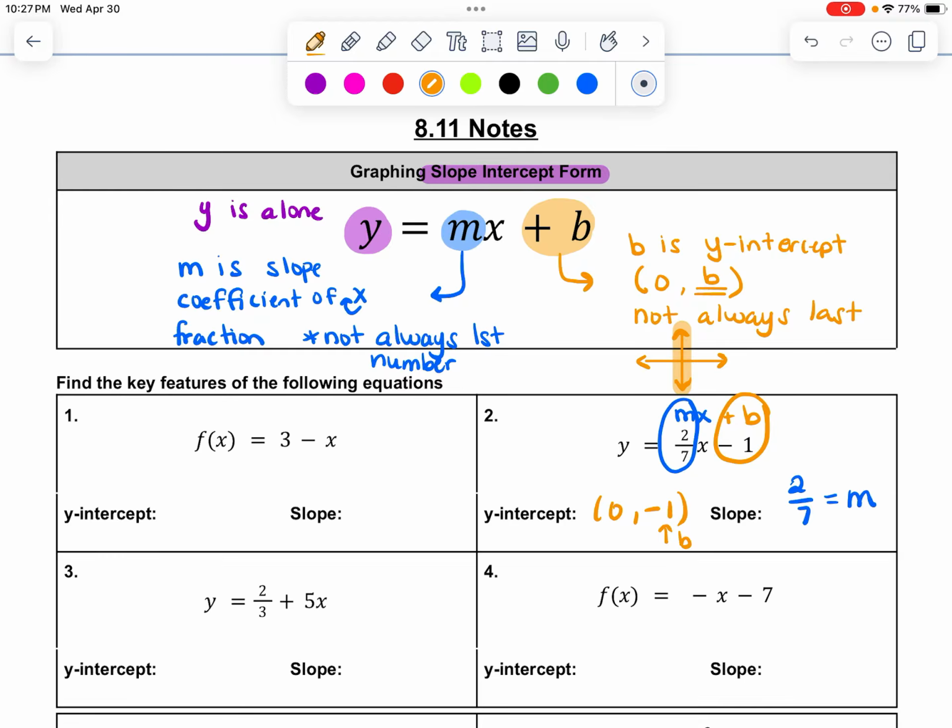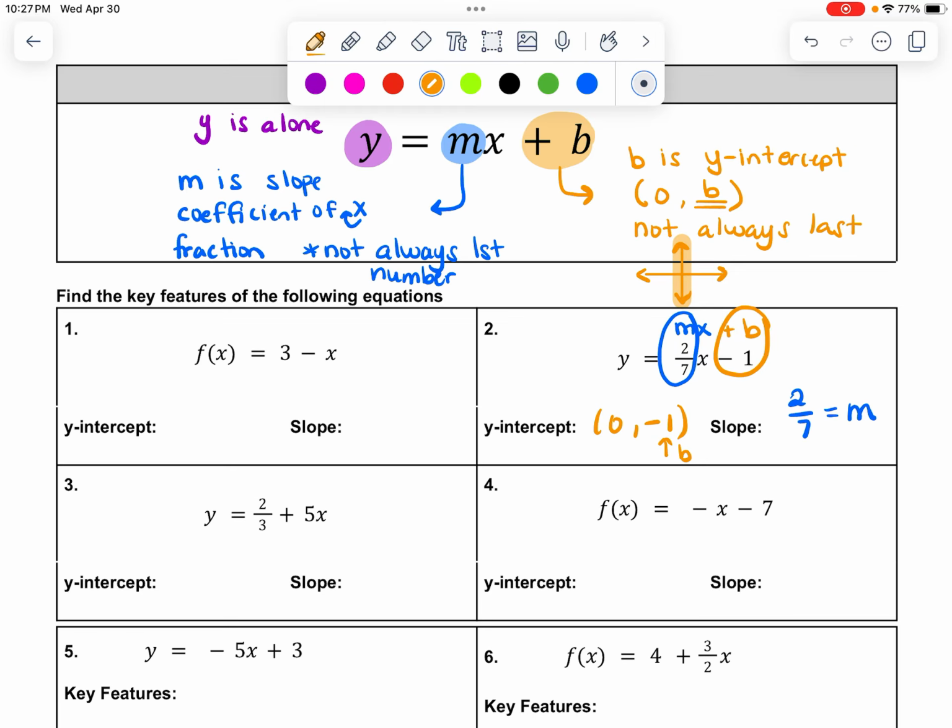Now let's go back and look at number 1. Number 1 is a little tricky because instead of the x being at the beginning of the equation, it's actually at the end. But the good news is we can do this problem the same way. Instead of writing the mx at the beginning, I'm going to write mx above the x and the b above the 3.